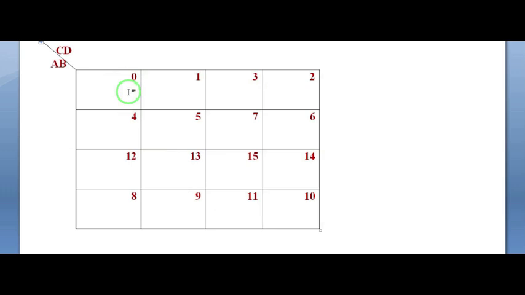Okay, in terms of binary, 4 variables A, B, C, D. So 0 can be written as 00, 00. Okay, 1 can be written as 00, 01. Then 2 can be written as 00, 10. Then 3 can be written as 00, 11. 4 is nothing but 01, 00. 5, 0101. Then 6 is nothing but 0110. 7, 0111 again.